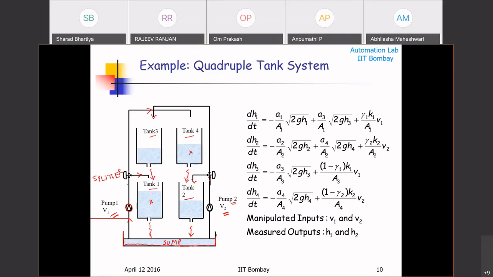So you can see that you can write down a first principles model for all the four tanks, and that gives you this set of equations. Even for this very simple example, you realize that you have non-linearity, because any real process can be modeled as a linear process, but everything is inherently non-linear.